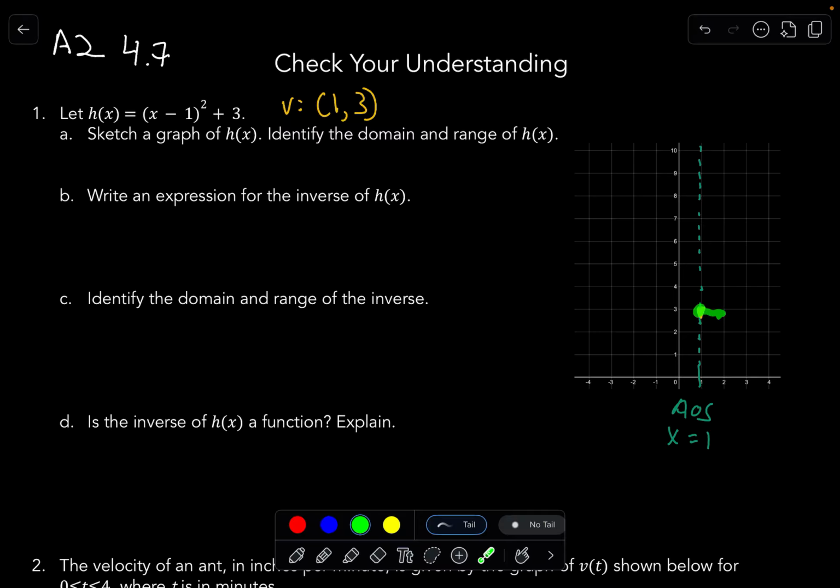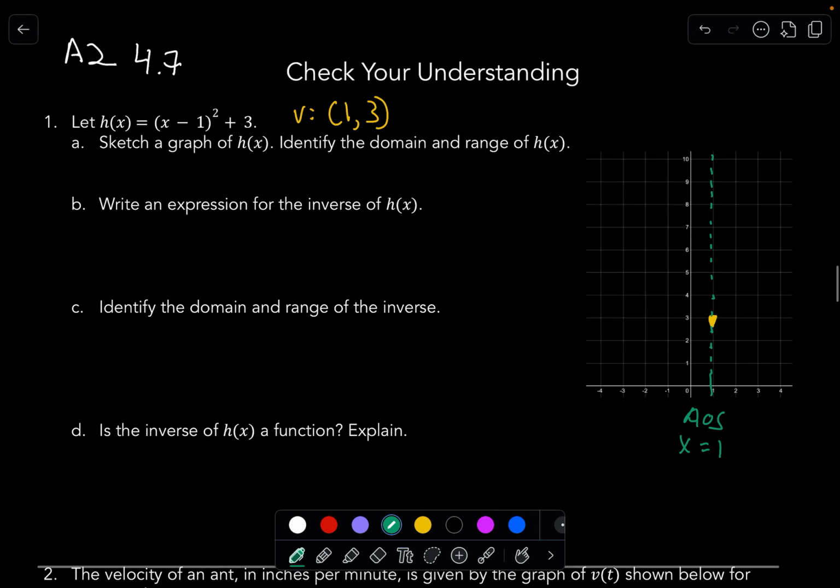Since this is x minus 1 squared, 1 squared is 1, and we go up 1. Likewise, we go 1 to the left, 1 squared is 1, and we go up 1.